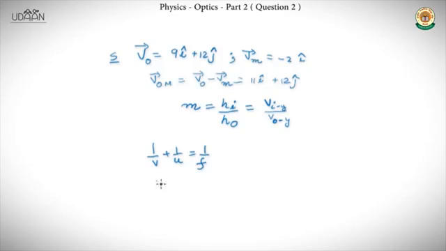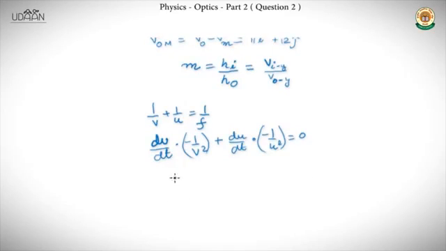We will get dv by dt into minus 1 by v square plus du by dt into minus 1 by u square is equal to 0, as the focal length is constant. So from this we will get dv by dt is equal to minus m square du by dt.